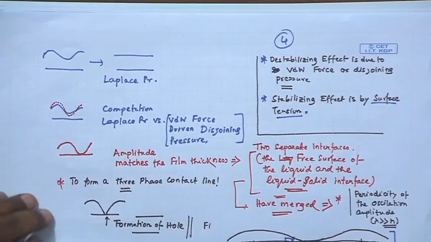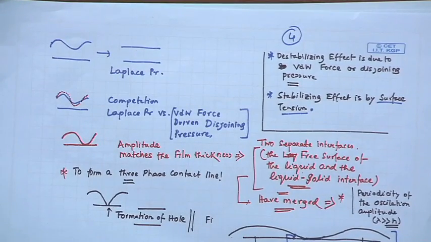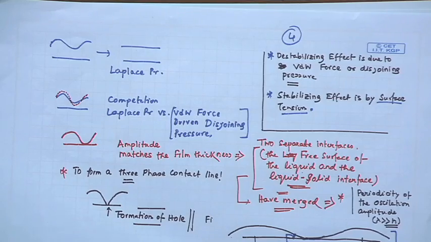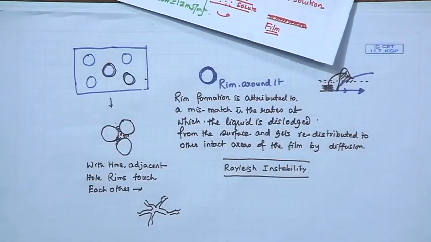As long as the film has not ruptured, surface tension has a very nice role in maintaining the film integrity. However, the moment the film has ruptured, the whole growth is favored by surface tension. So, there is a role reversal of surface tension before and after the rupture of the film.